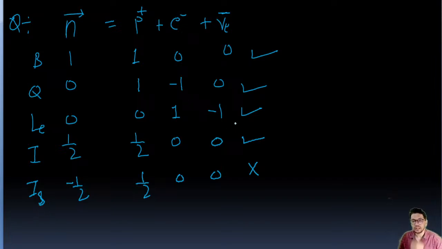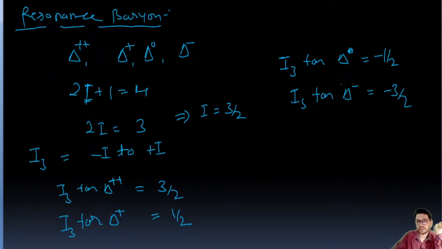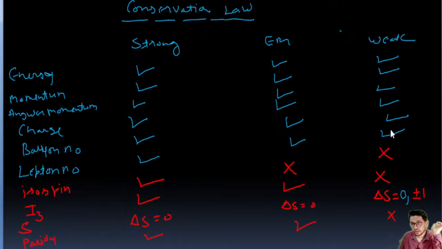What we see by this chart, very important chart, I told you that if weak interaction is when isospin and the third component of isospin, I3, are not conserved, then that reaction is going to be weak.